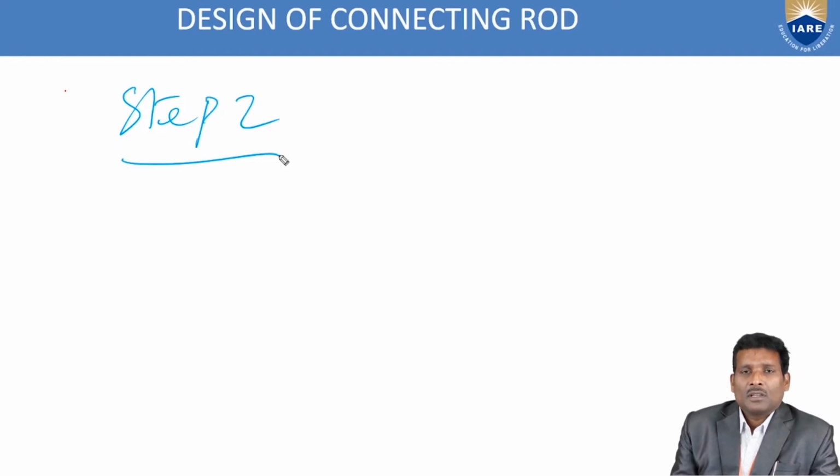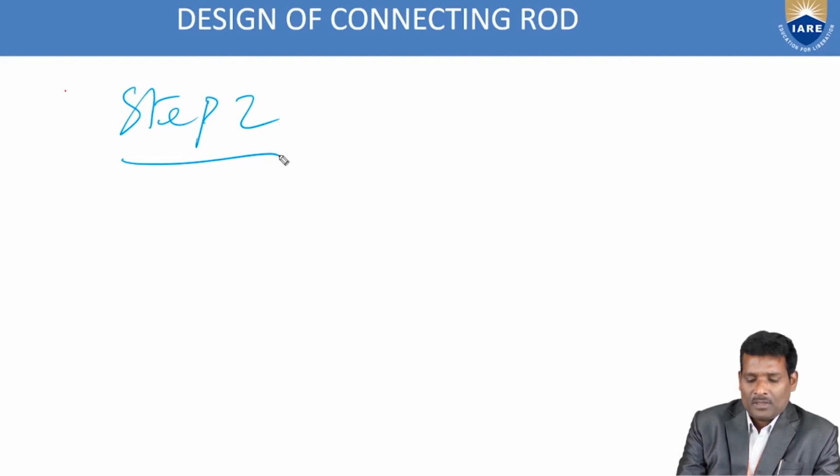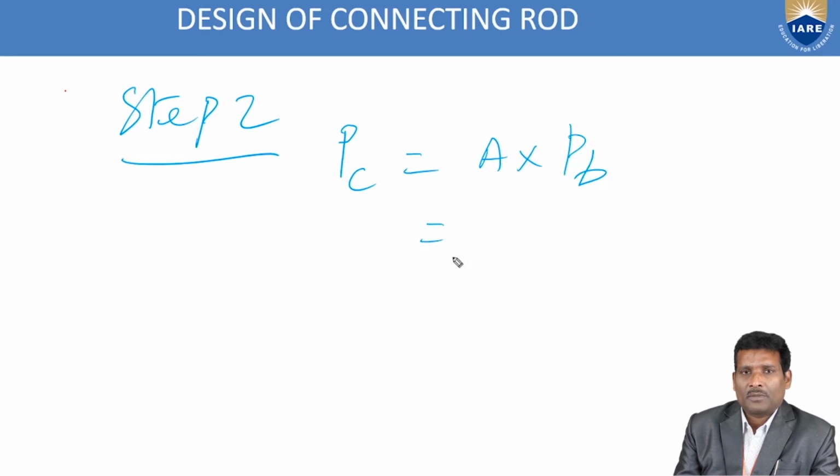Step 2, as we discussed in the design procedure, is the dimensions of the crank pin at the crankshaft and the dimensions of the small end bearing. We will calculate these by using this relation: load at crank pin equals the area multiplied by the bearing pressure. What is the area of the crank pin?